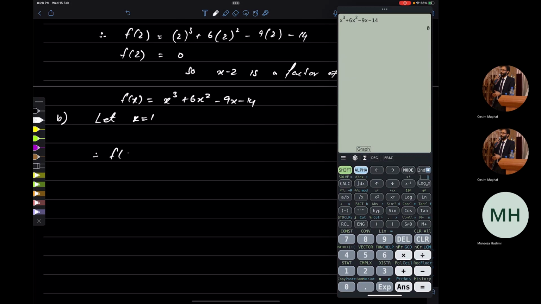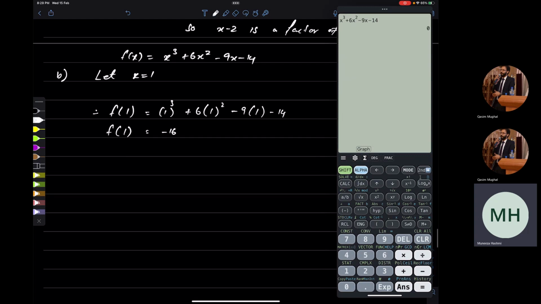Therefore, f of 1 is 1 cubed plus 6 times 1 squared minus 9 times 1 minus 14. If you remember, when I plugged 1 into the calculator, it gave me minus 16. So this is of no use for me, and I'm not going to stick to it.